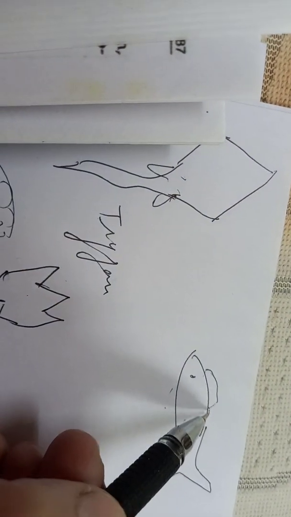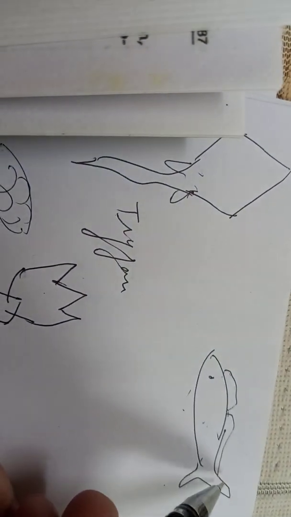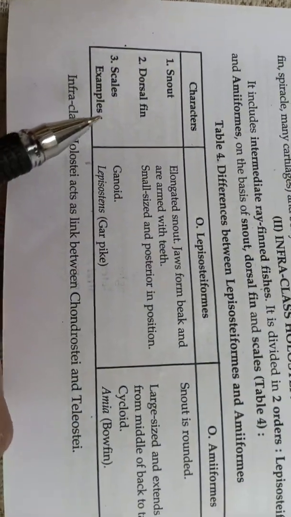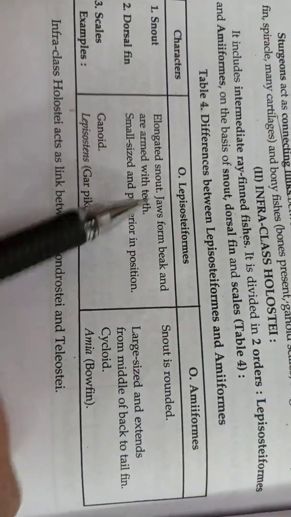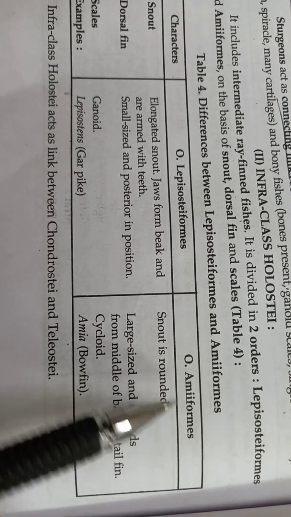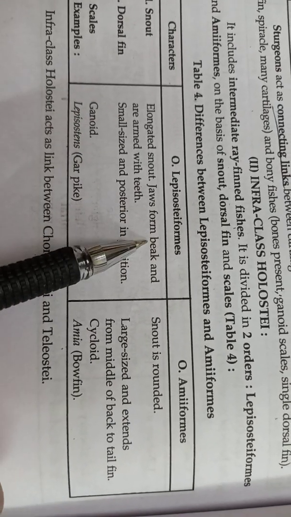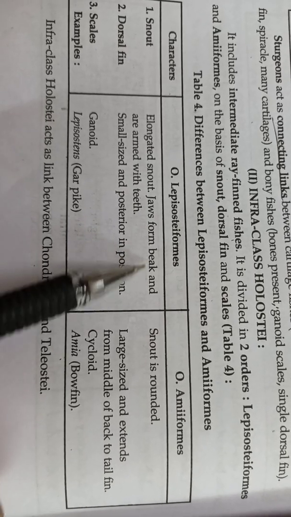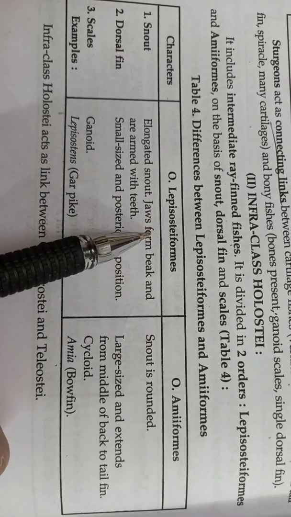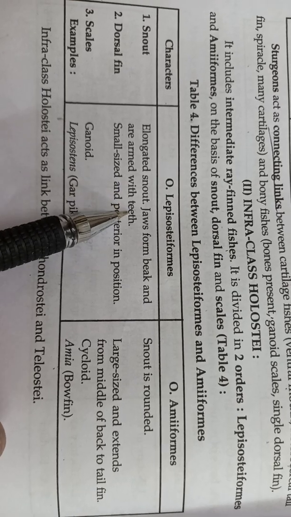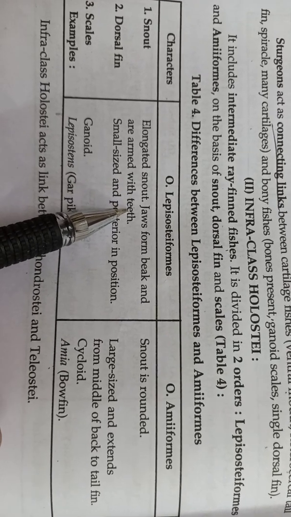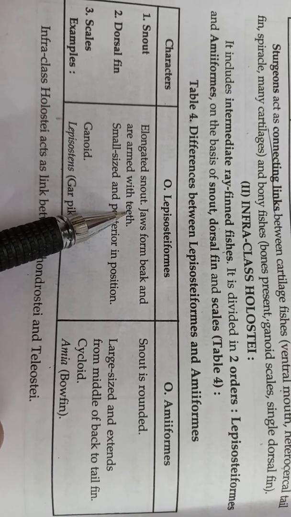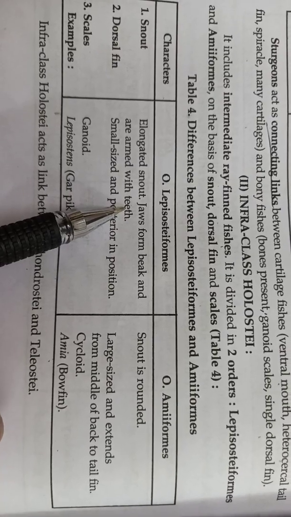So it starts from the middle and merges with the tail fin. Now the snout: elongated snout here, rounded snout in Amiiformes, and the jaws form a beak. The jaws are armed with teeth also, which help in feeding as well as in catching the prey.